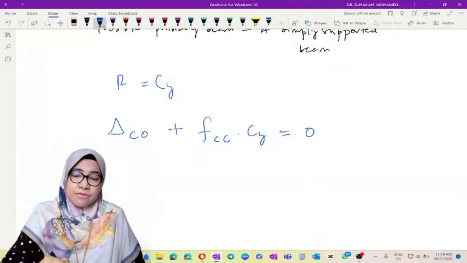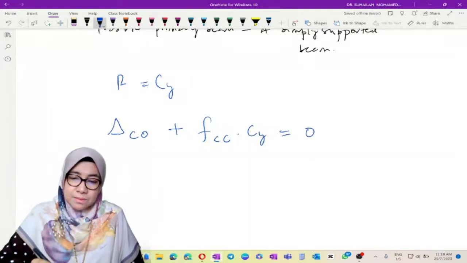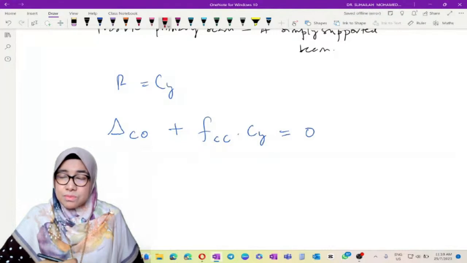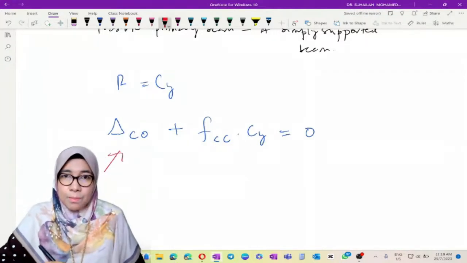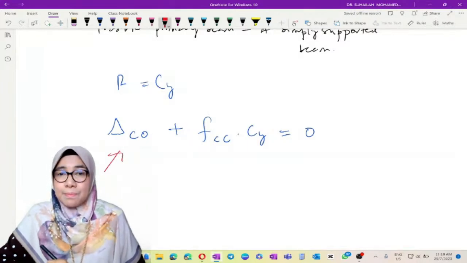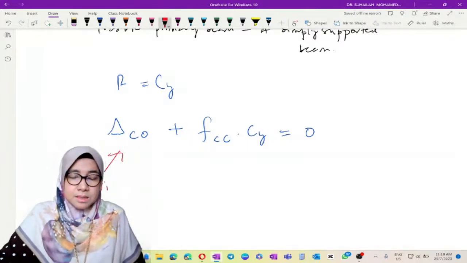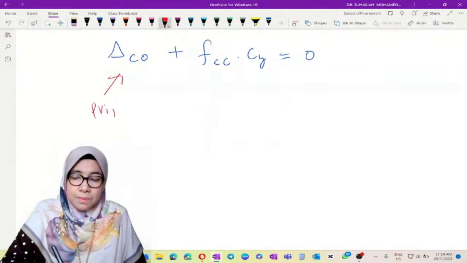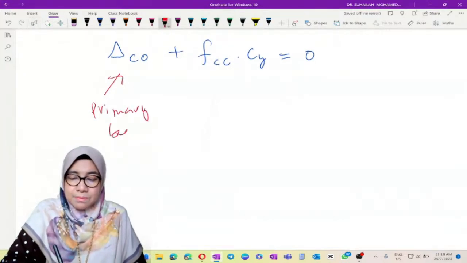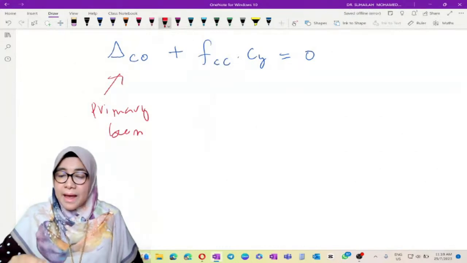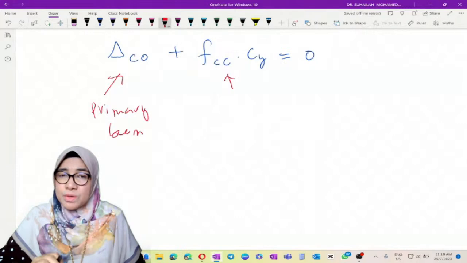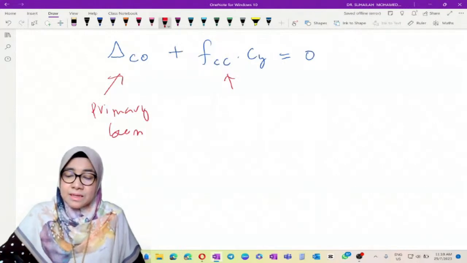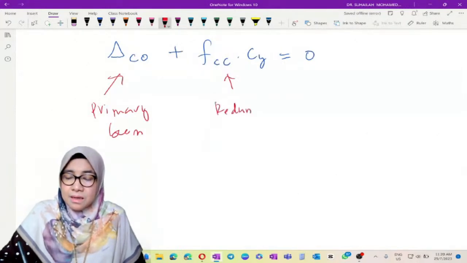So we have two displacements which come from two determinate systems. One comes from the primary beam, and FCC is the displacement due to a unit value of the redundant in the redundant beam.